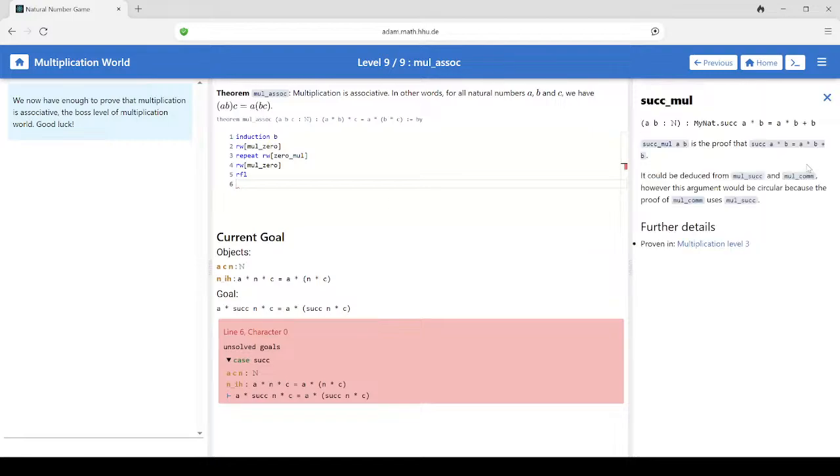So if I try and use this, the successor being multiplied by the thing becomes the two things being multiplied together plus the thing it's being multiplied by.